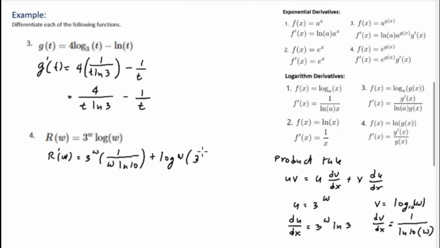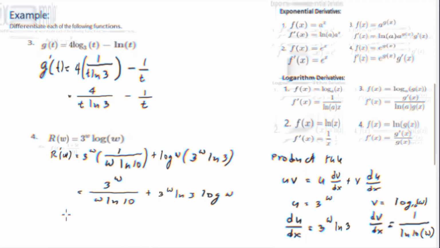So this is 3^w ln of 3. And simplify. So this is 3^w all over w ln of 10 plus 3^w ln of 3 times log w. And this is the derivative.